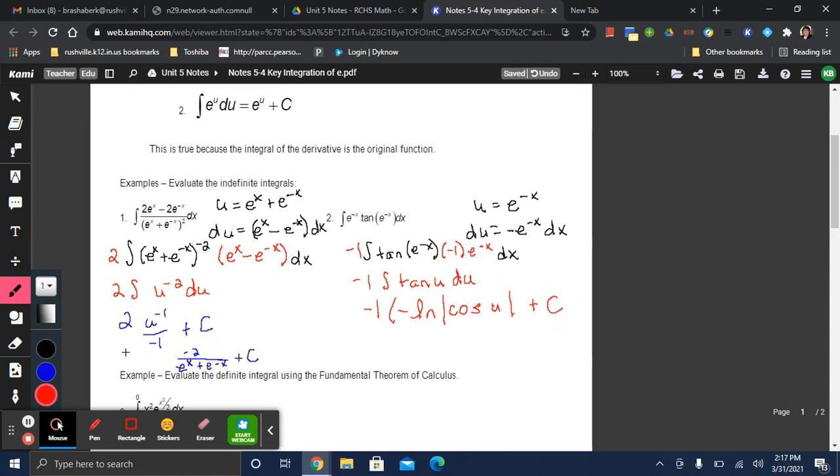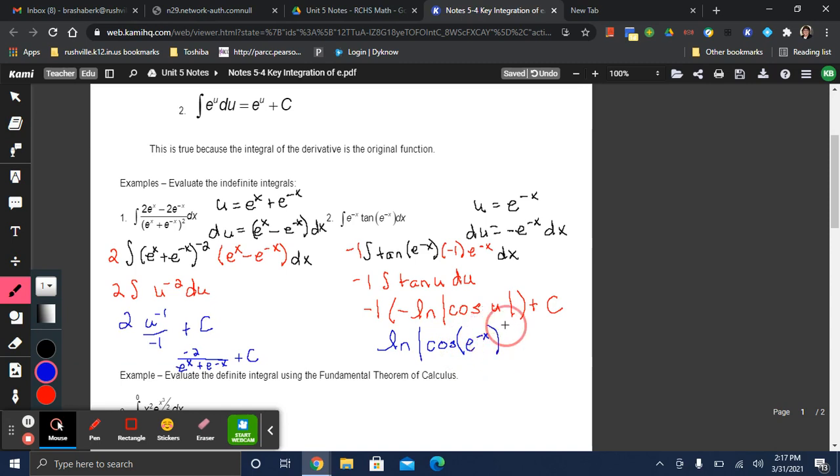And then I should have done that in a different color. This is your antiderivative. I'm not going to change it now. And this double negative would make a positive, so that your final answer is the natural log of the absolute value of the cosine of, and we can substitute in our u, which was e to the negative x.